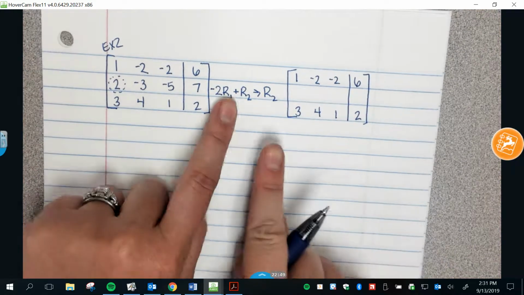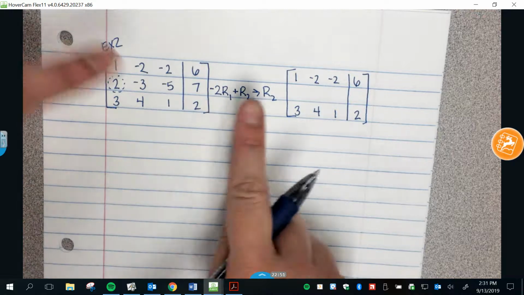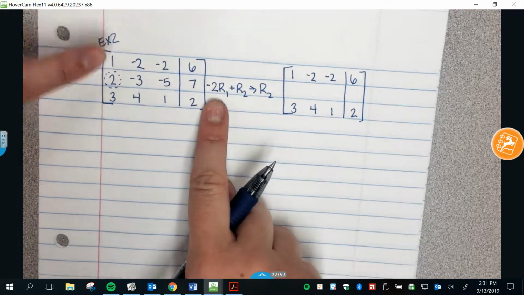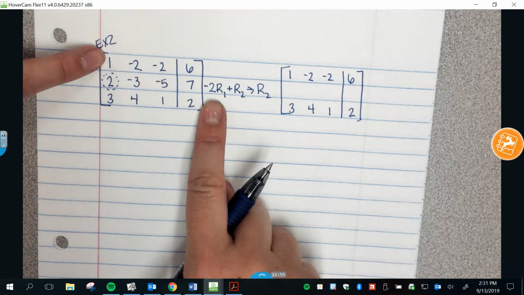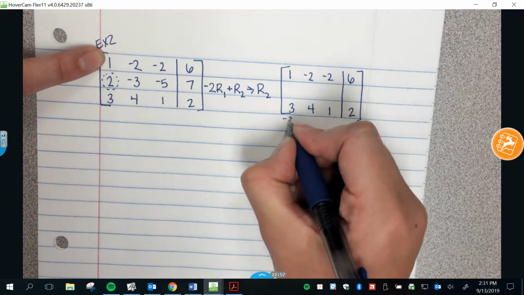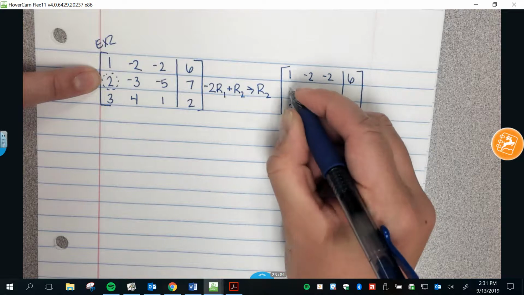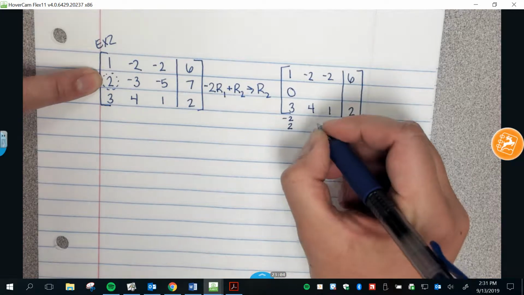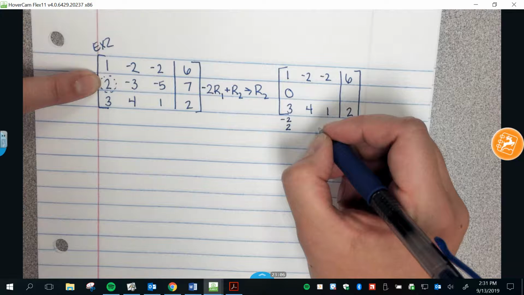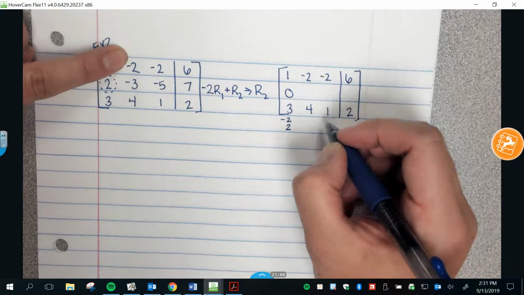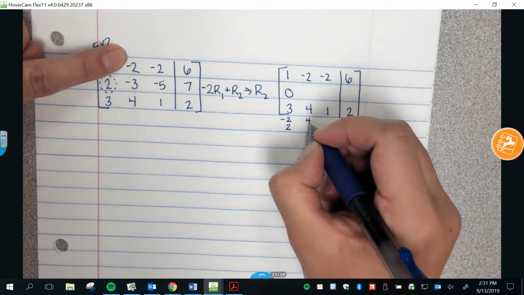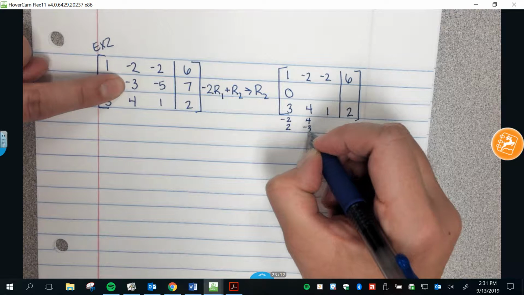When it comes to the part where you have to do the work, use your fingers, like point. Negative 2, row 1. So that would be negative 2 times 1, which is negative 2, plus row 2, which is 2. Add those together, you get 0. Negative 2 times negative 2 is 4, plus row 2 is negative 3.